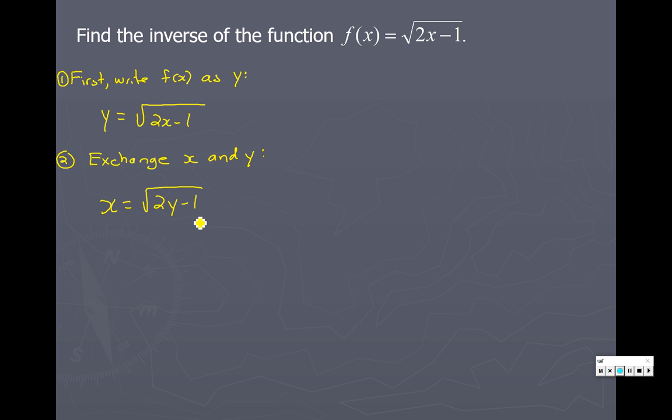Step 3, solve for the new y. There's a y now buried deep inside this function, and I've got to solve for it. And I'm going to solve for it by using inverses. That is, the right-hand side over here has a square root. So I need to move that square root over to the other side, and when I do that, it becomes its inverse.